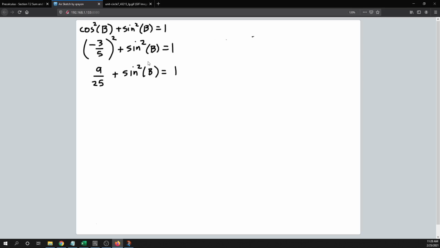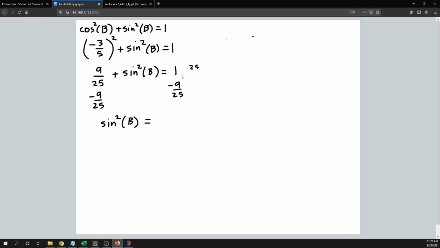Next step then would be to get sine squared B by itself on one side of the equation, and we could do that by subtracting 9/25 from both sides. So over on the left-hand side, we would just be left with sine squared B. Over on the right-hand side, we have 1 minus 9/25.